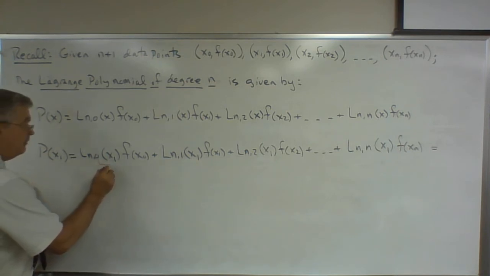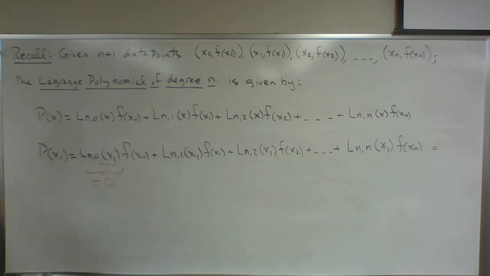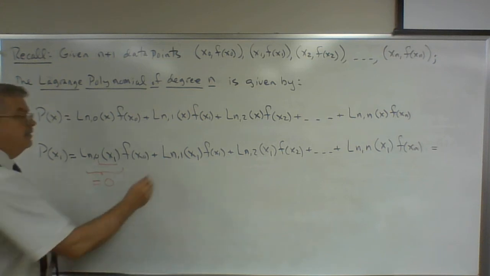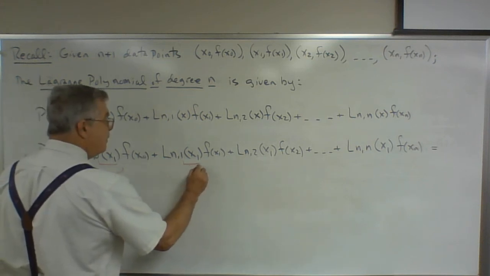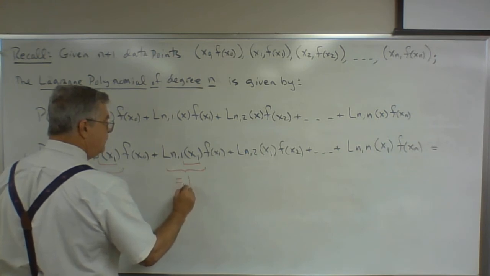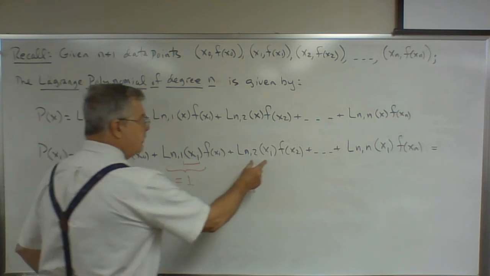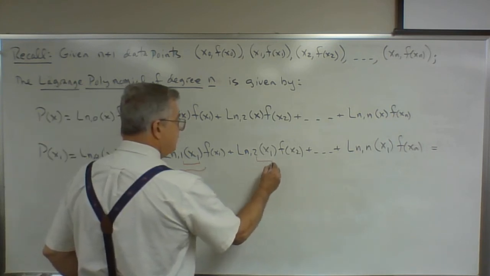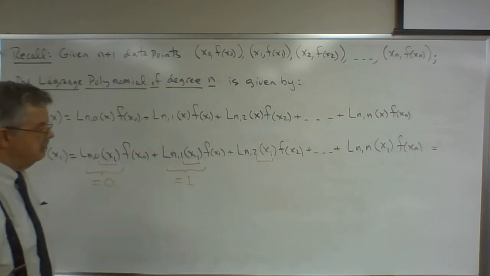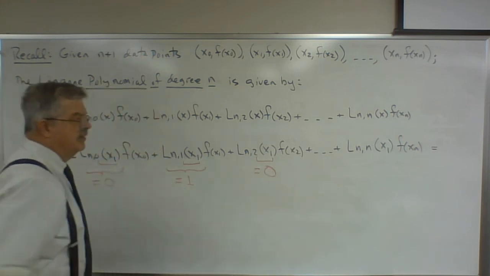These two coefficients are different. Oops. So this is going to be 0. Now in the second term, these two coefficients are equal, so this is going to be 1. In the next coefficient, these two subscripts are different, so this is going to be 0.